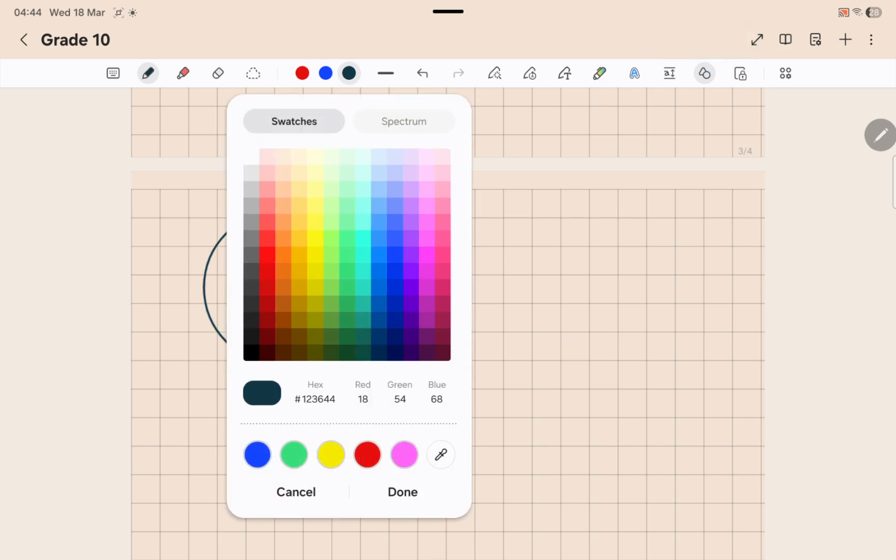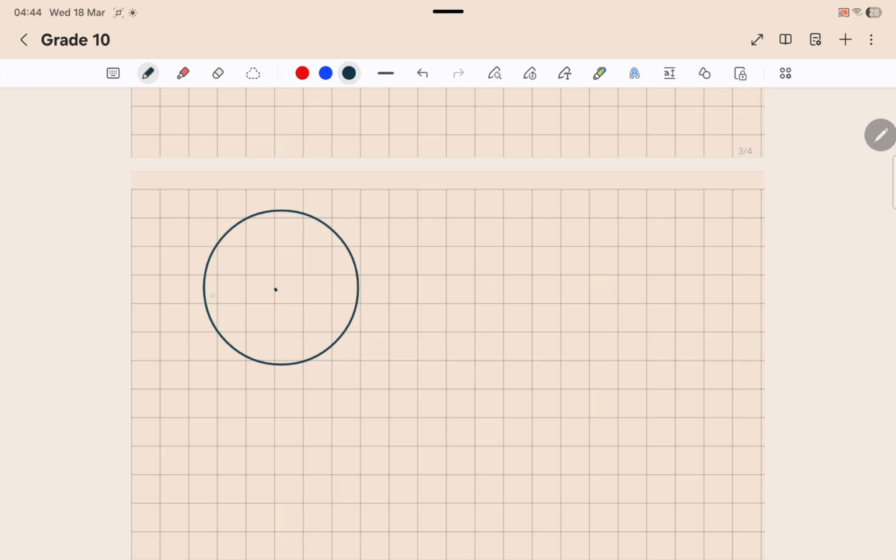This is the center, this is R, this is R, the two radii, and the angle is 180 degrees. When the angle at the center is 180 degrees, the sector you get is called a semicircle, or half of the circle.